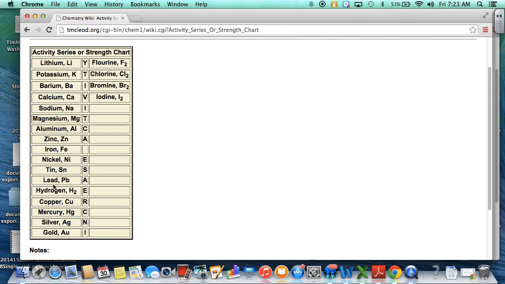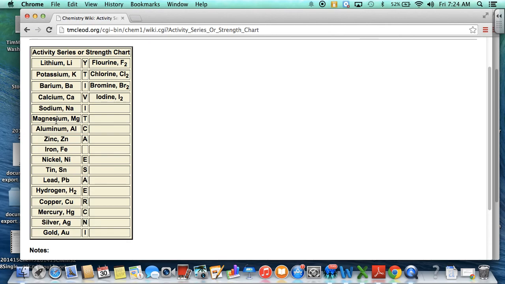In essence, for our case, your element must be higher up on the chart than the corresponding ion in the ionic compound. If it is, for instance in this case, where calcium is higher on the chart than magnesium, then the reaction does occur.